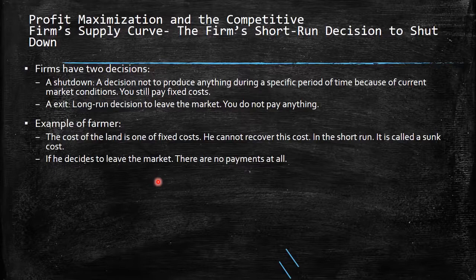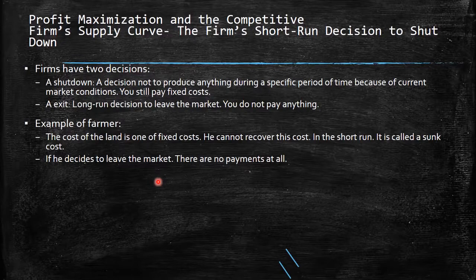And here, imagine a farmer. The cost of the land is one of the fixed costs. You need to pay the rent for that. And imagine that he cannot recover this cost in the short run, because he says, okay, I'm not going to produce, but I'm not going to exit the market, so I still need to pay for the land.